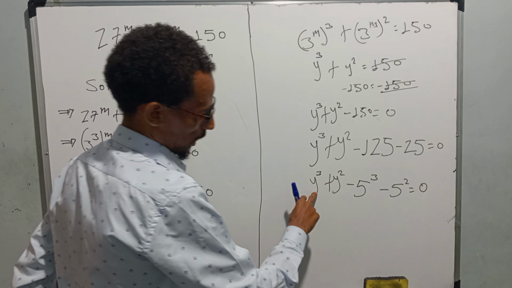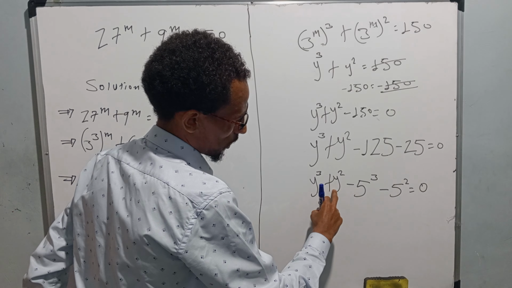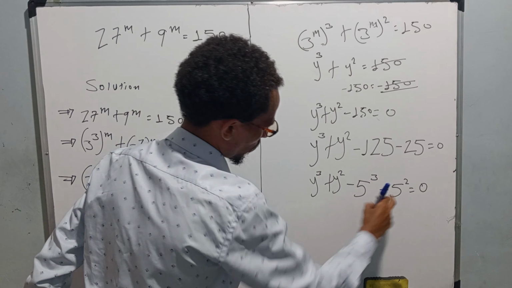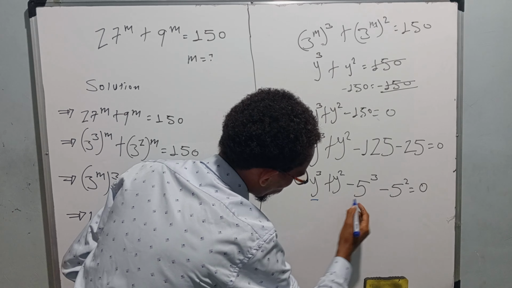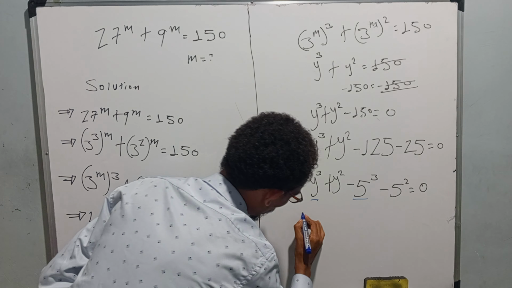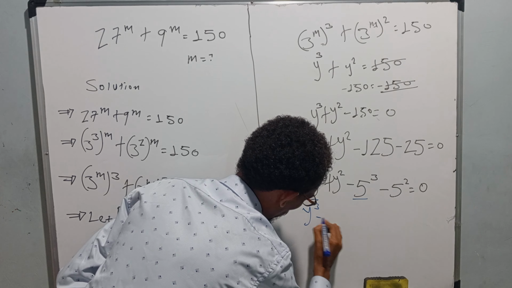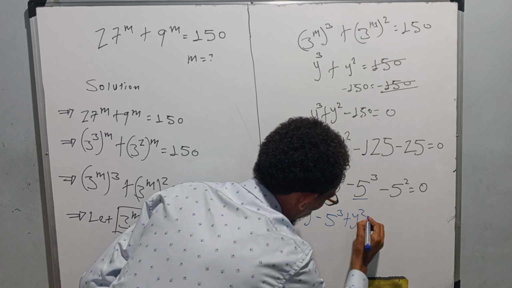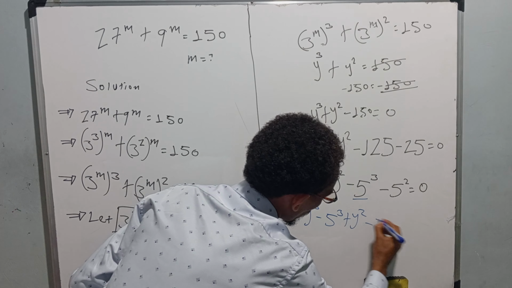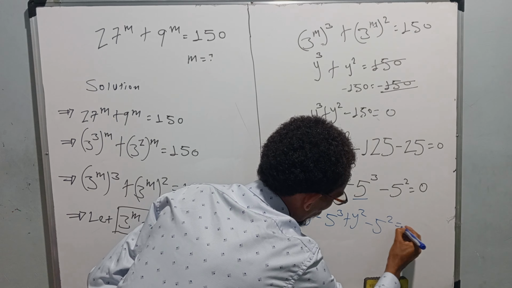We can group the highest degree with the highest degree and the least degree with the least degree. That means y cubed here and also 25 here. Then y cubed minus 5 cubed plus y squared minus 5 squared is equal to 0.